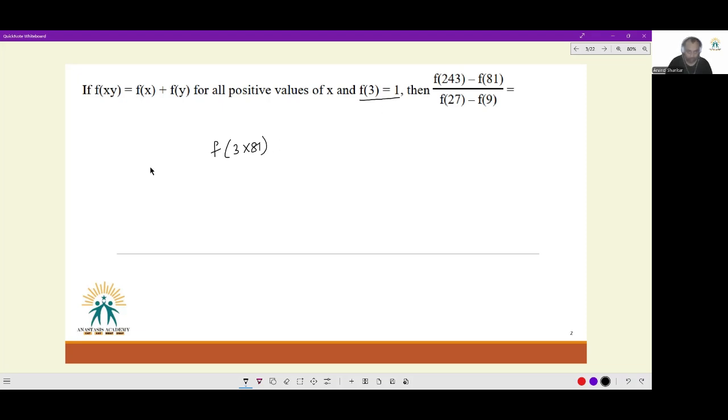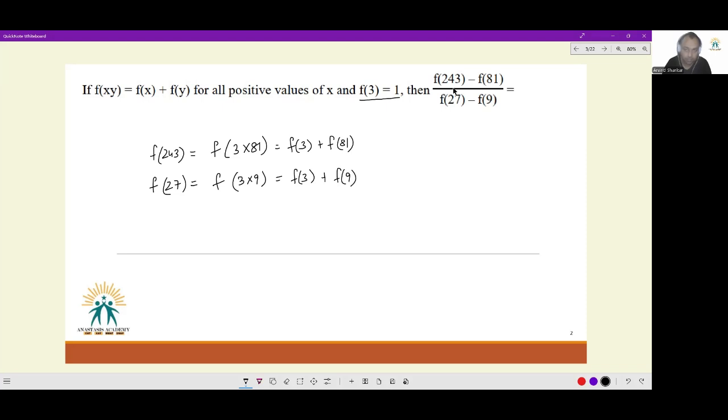So f(243) is f of 3 into 81, which can be broken down as f(3) plus f(81). And now f(27) similarly can be written as f of 3 into 9, which will break it down as f(3) plus f(9).